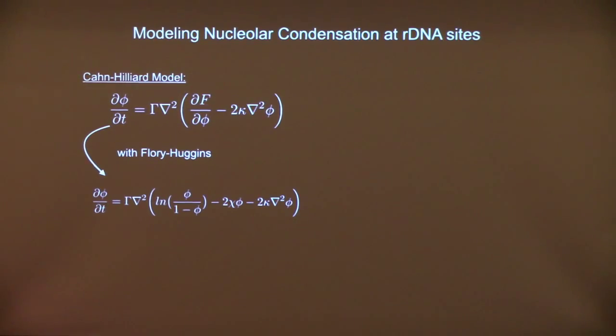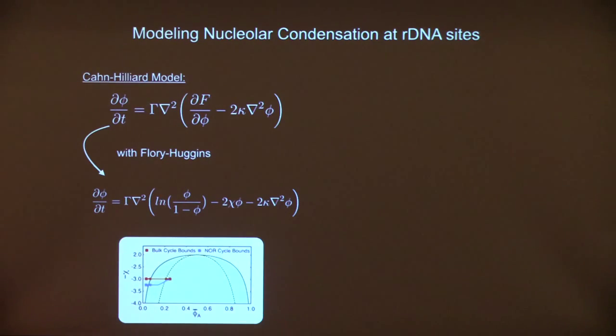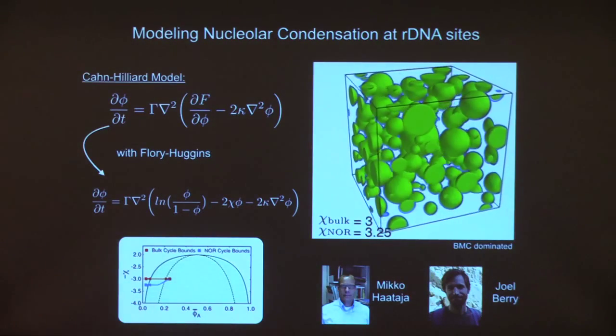I have a couple of nice theory collaborators, Nico Hatay and Joel Berry, and we tried to model this. The picture is very simple. We just said, locally, we're going to define an elevated chi, which means an increased thermodynamic propensity for phase separation locally at those spots. And we're going to watch the evolution of the system for reasonable parameters, as far as we can measure.